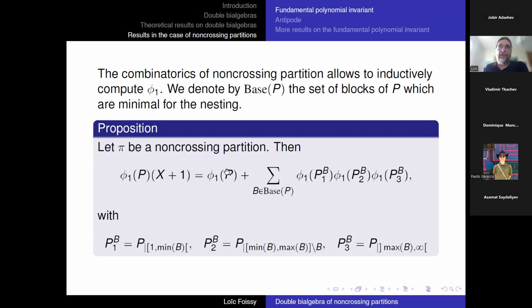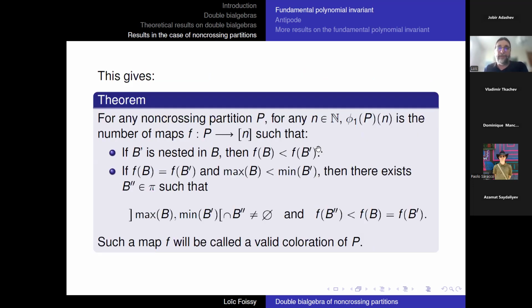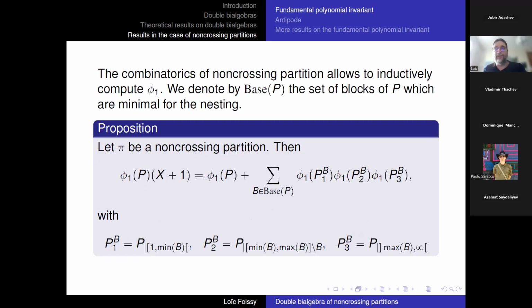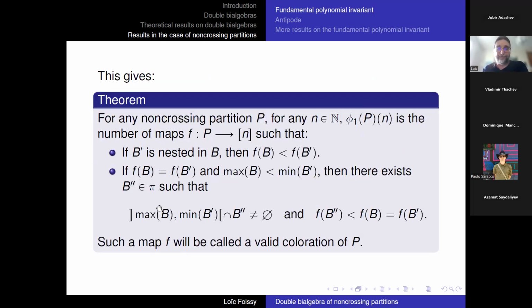If you use the color 0, well, you have something like this. So the color 0 should only be on the base. So these are the minimal elements for the nesting. Moreover, if you have two elements with the same color, so the same color 0, they should be separated by a block whose color should be smaller than 0, but this is not possible.